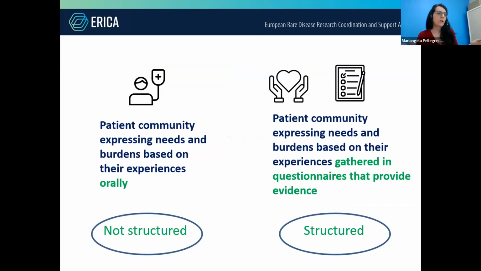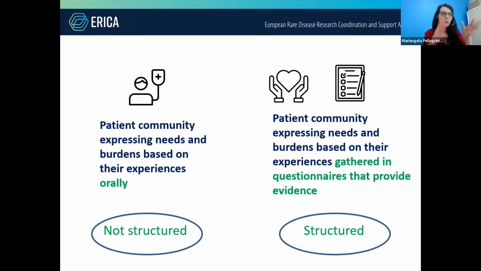So as said, let's take this as an example. I'm a patient, I have some need, I want to express the need. I see that around me, all the patient community is expressing more or less the same need. So we have the patient community expressing needs, burdens, and experiences orally, in a non-structured way.